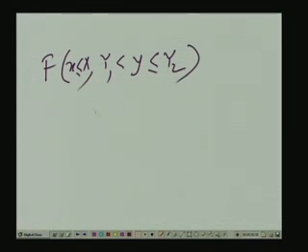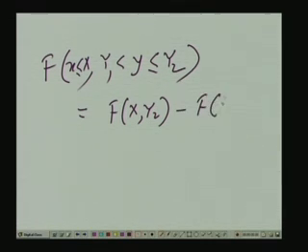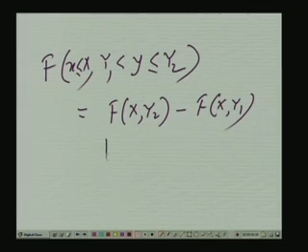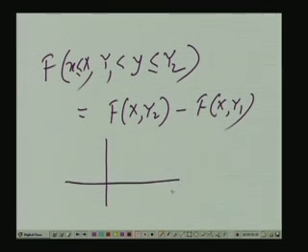You can just apply the same logic and get this. This will be what? F of y2, this larger one, minus y1.